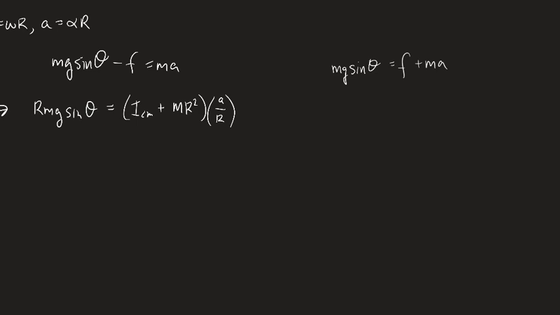Actually, no, I don't want to do it that way. I'm sorry. It would work, but there's an easier way. We want to eliminate a between these. That would be better. Now, it still looks messy, but it'll only be messy for a minute.